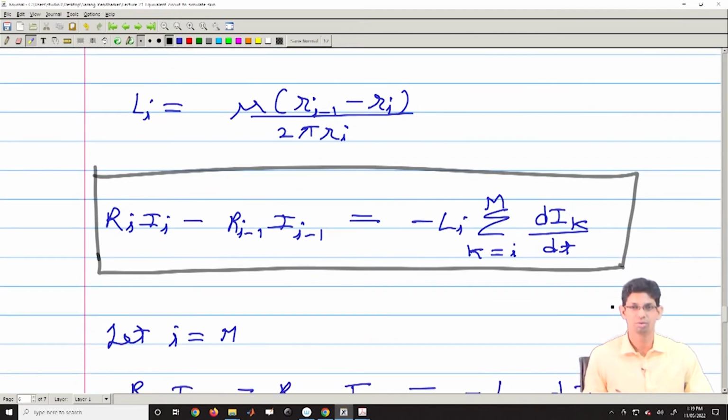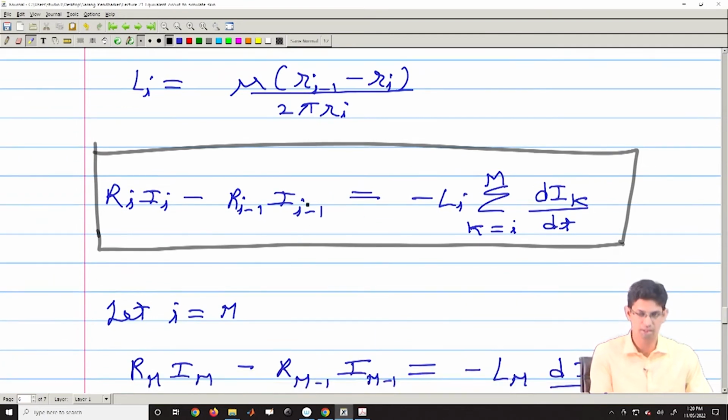Now you have sort of a KVL equation, where this is voltage and there is some voltage balance here. This is a very good equation which will help us make the equivalent circuit.